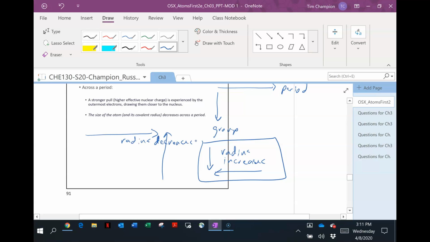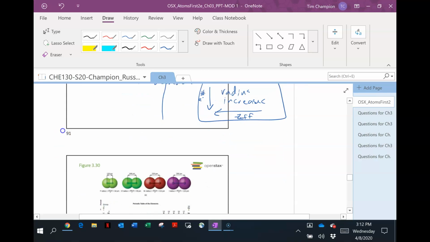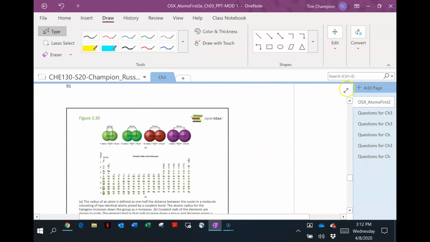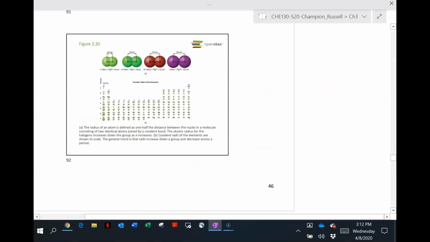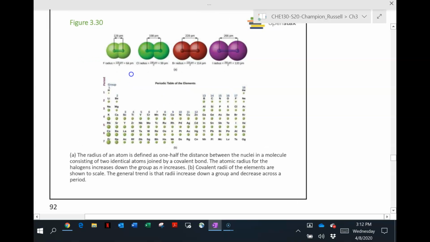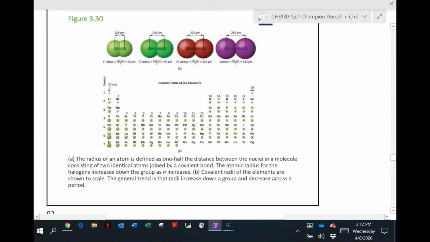And again, this is due to the effective nuclear charge. This is due to the number of electrons and going into principal energy levels that are 1 higher as we go down the periodic table. Here are some data about this and some images about how big things are.